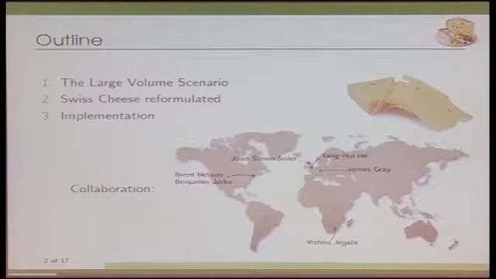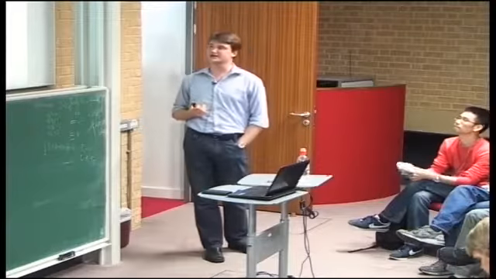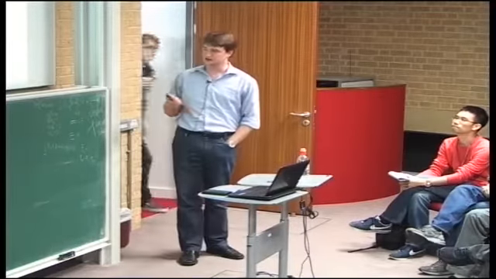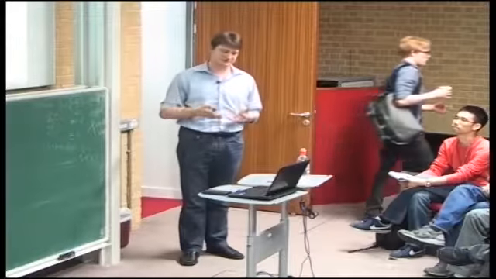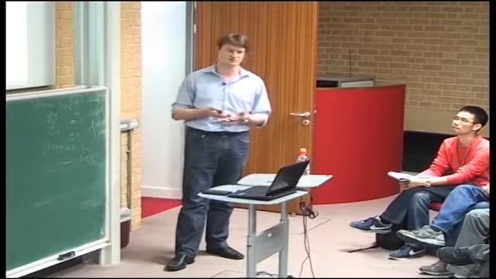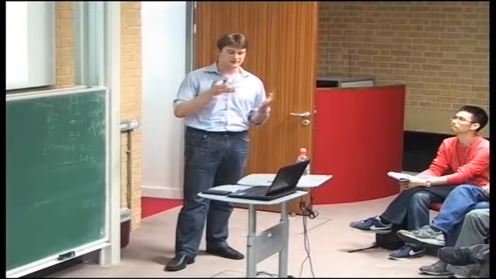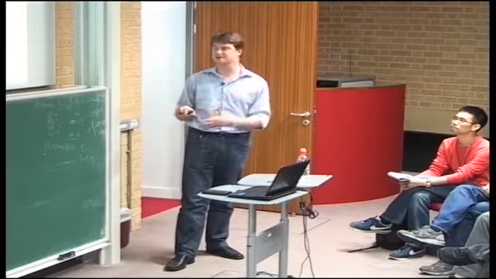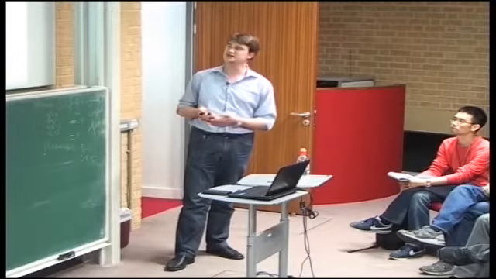explained in the paper by Michele, Joe, and Fernando. Then I'm going to show how we reformulated the explanation of the large volume scenario in terms of divisor volumes, of divisor four-cycle volumes, in terms of the Kähler parameters.